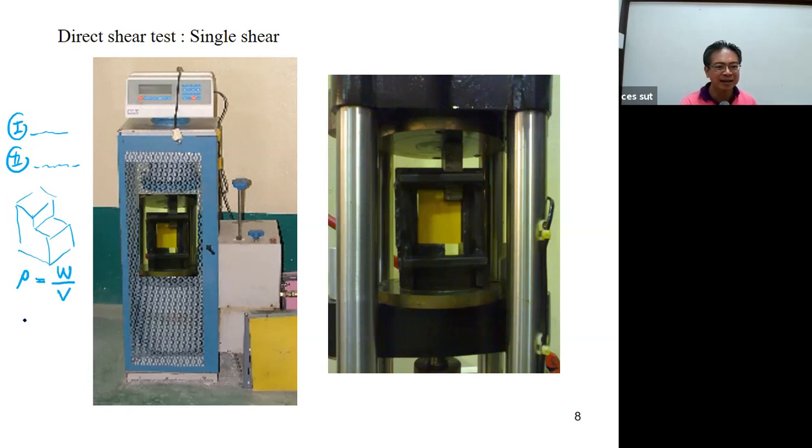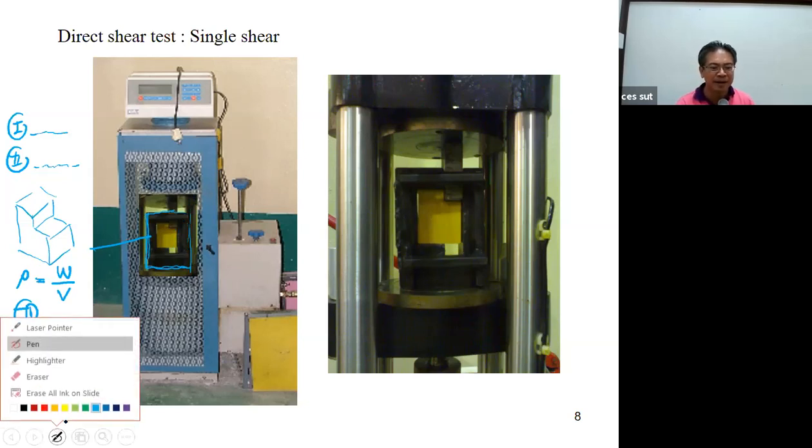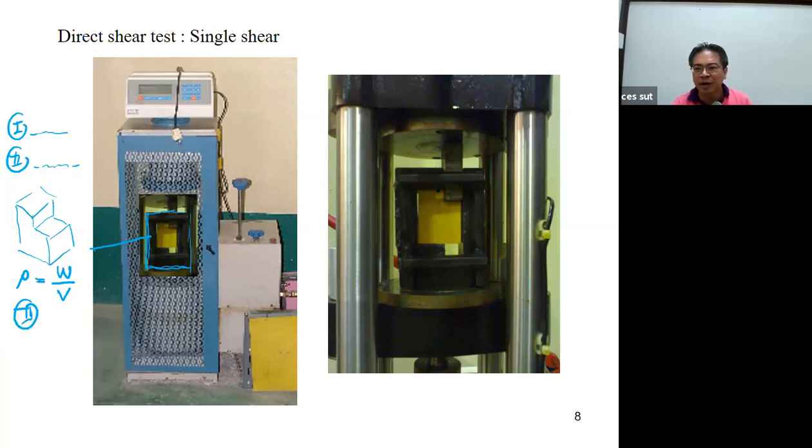And then the third, you install your specimen into this casing. Then you put all of them into the compression machine, and the specimen is going to be locked in this way by the steel casing.